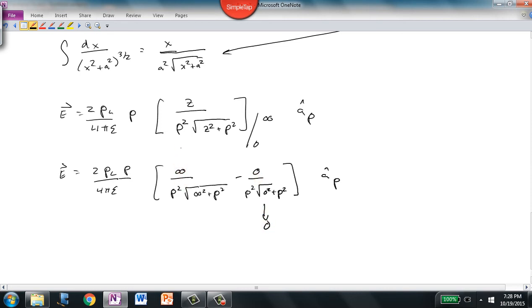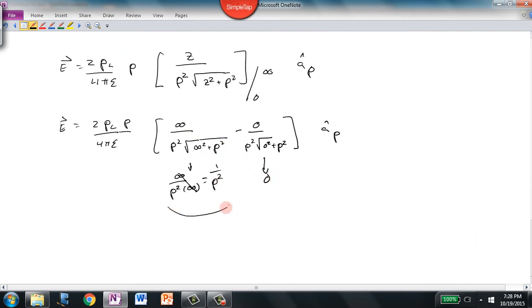The first one is a little bit trickier. Infinity squared plus rho squared is just infinity squared, and the square root of infinity squared is just infinity. So we're left with infinity divided by rho squared times infinity, which is just 1 over rho squared, minus 0. So the result of all this is just 1 over rho squared.